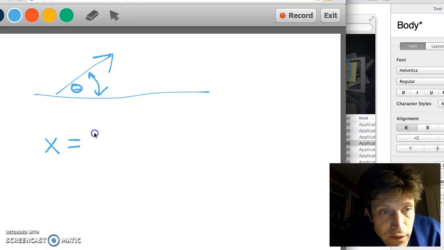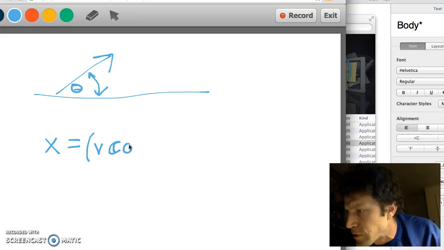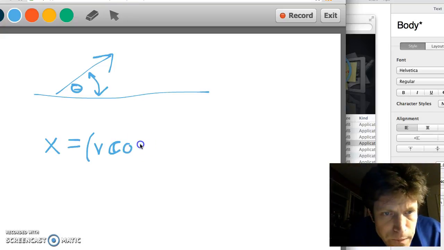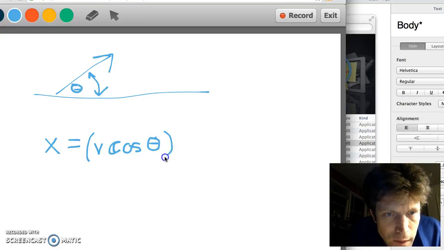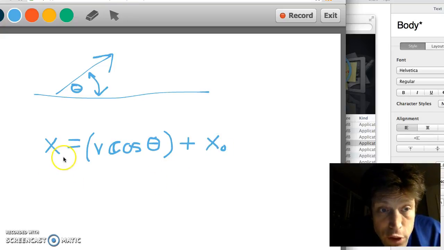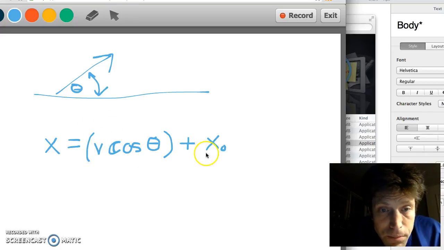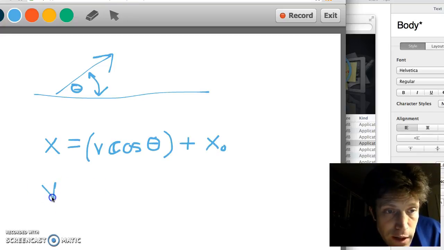So x relative to t is x equals velocity times cosine theta. It's not initial velocity, it's constant velocity. There's no initial or nothing, it's just the velocity. Velocity times cosine theta, and here's the initial part, plus wherever x started out, initial x. And y equals the same thing except one variation.